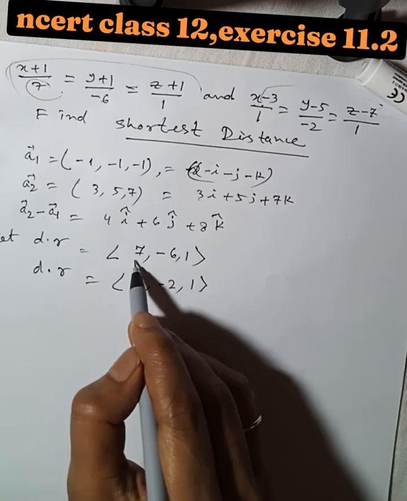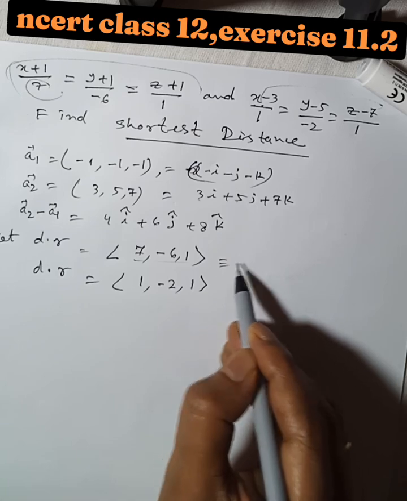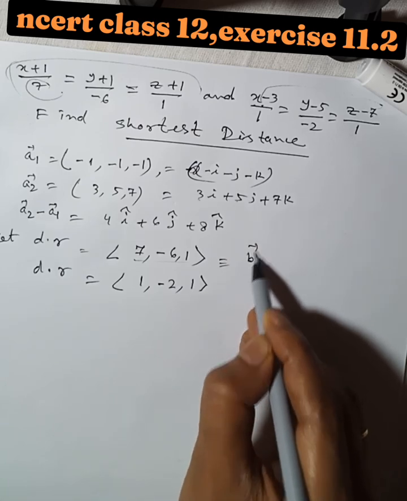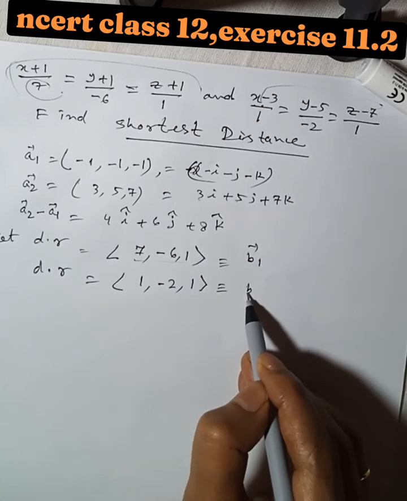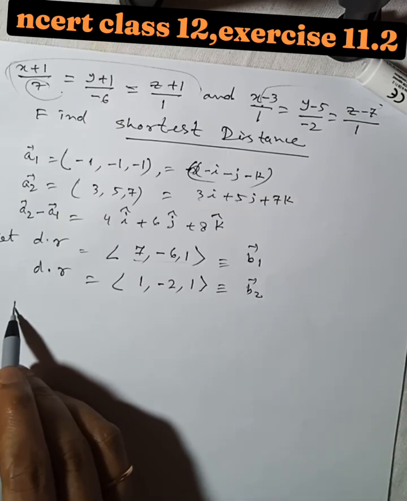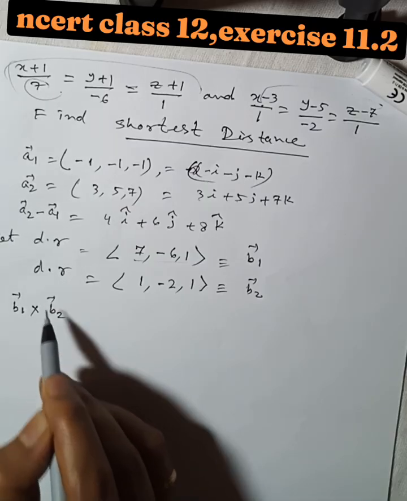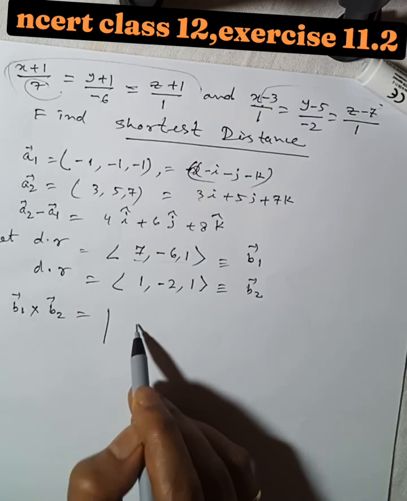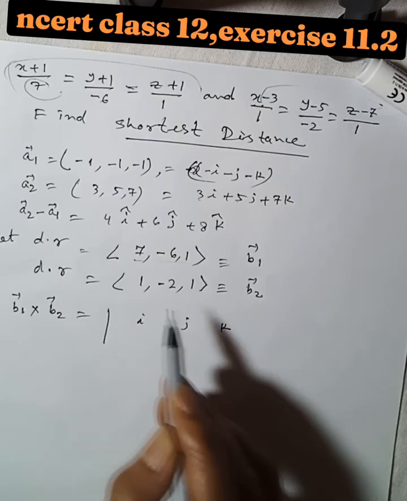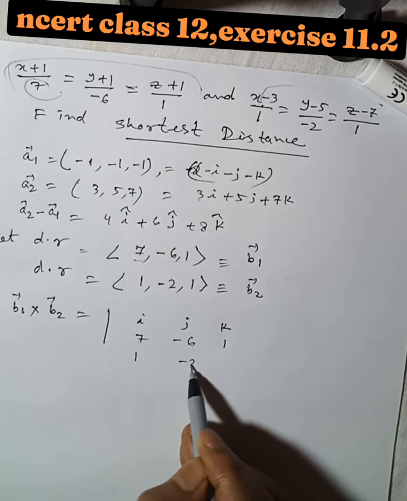So let this be vector b1 and this vector b2. So b1 cross b2 will be the determinant i, j, k; 7, minus 6, 1; 1, minus 2, 1.